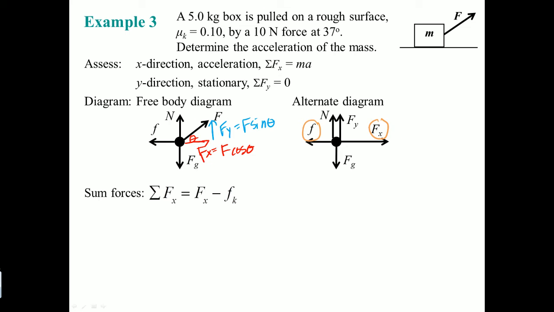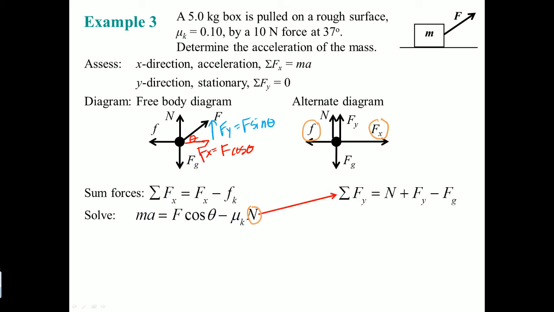That's why it's minus force of friction kinetic. We saw that this is moving in the x direction, so we set this equal to ma because the object is moving. But you see that N does appear, so we have to solve for it.